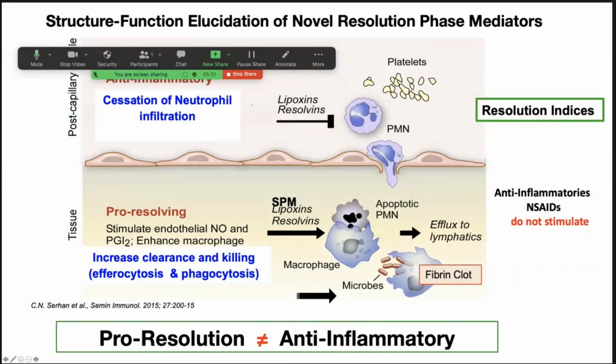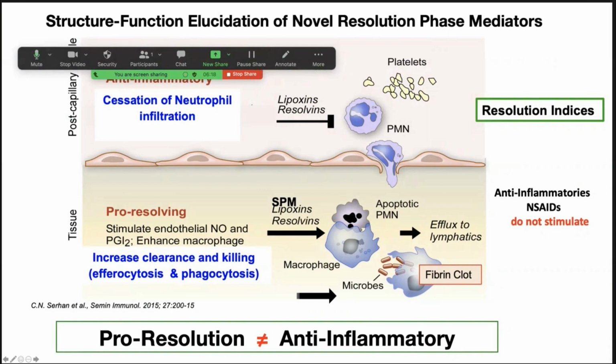These are the two main functional responses we used for resolution that were used for the structural elucidation of the mediators isolated from pus. And that is the cessation of neutrophilic infiltration, the stopping of neutrophils coming to the site. They need to stop.